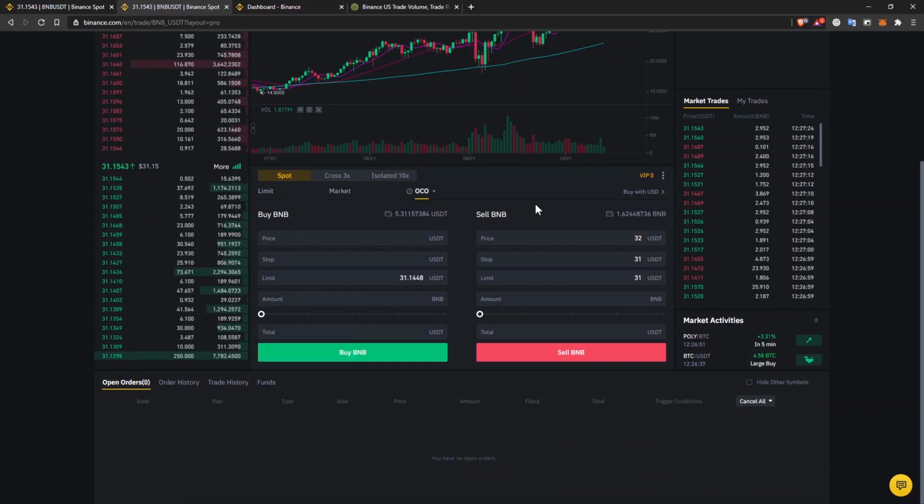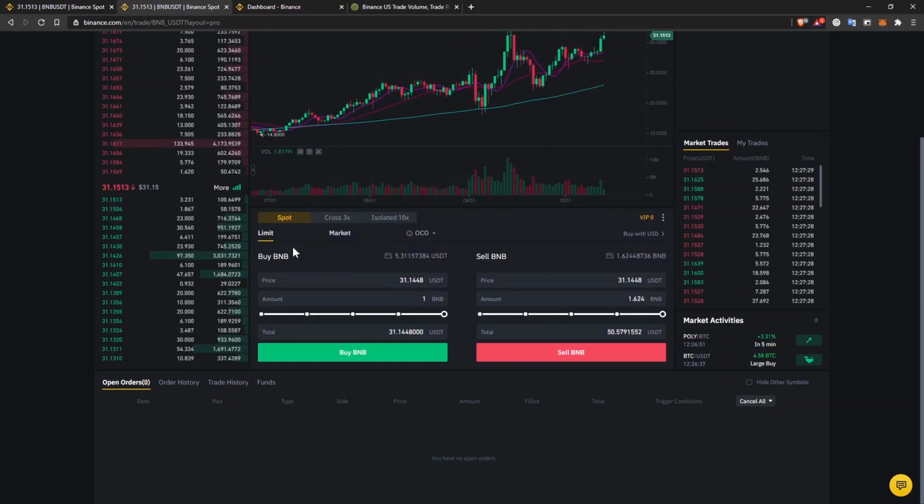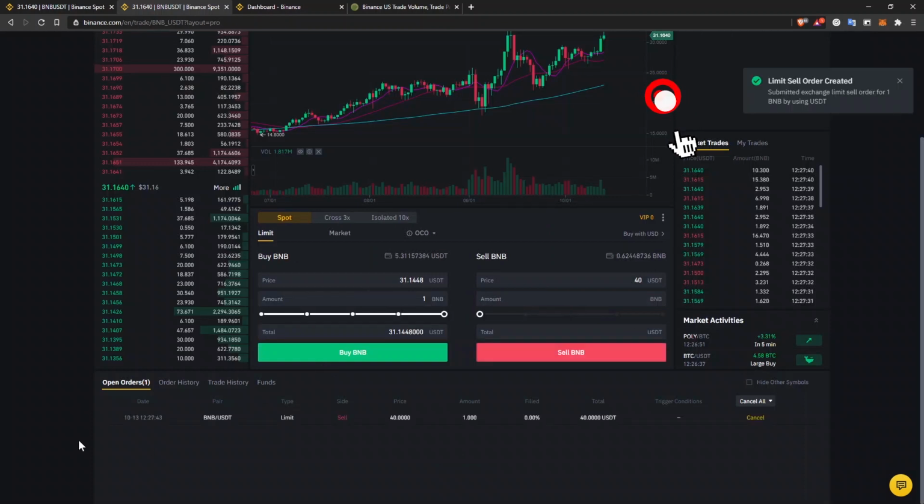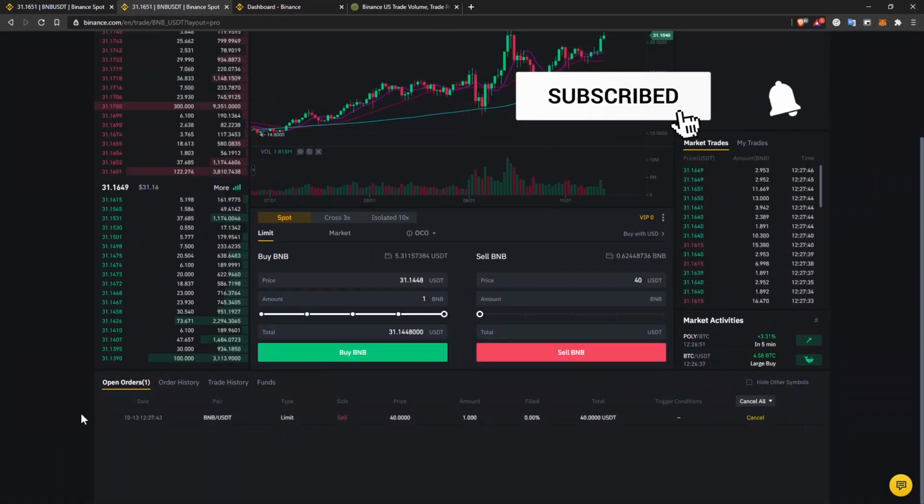And if I don't want to set an OCO trade, I can just go to limit, and then I can create a simple trade. I just want to sell if the price reaches $40. I want to sell 1 BNB, and that's it. So right now I don't care if the price drops.